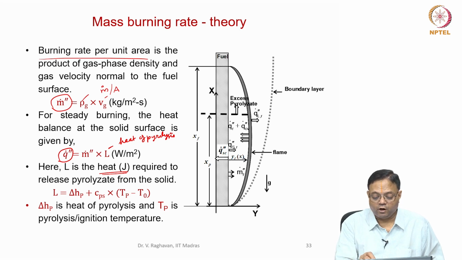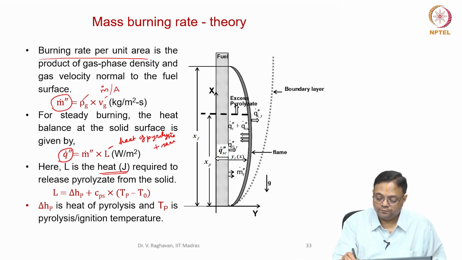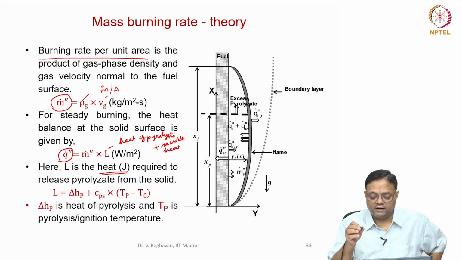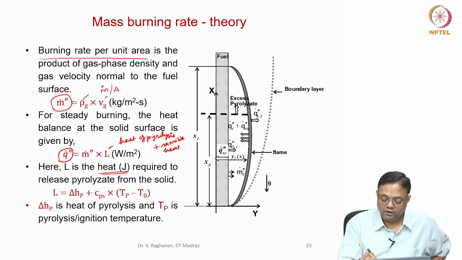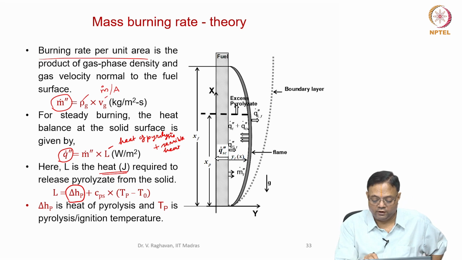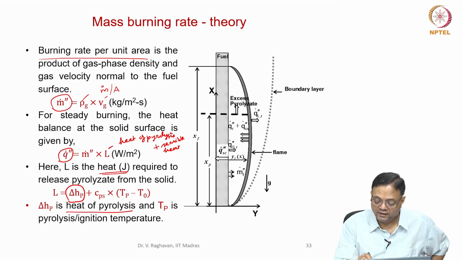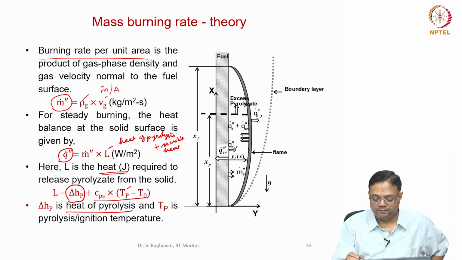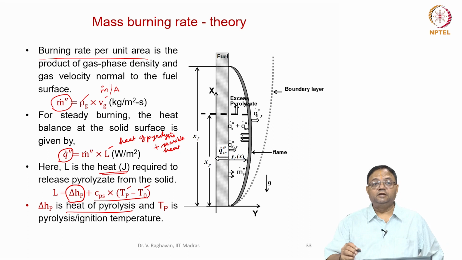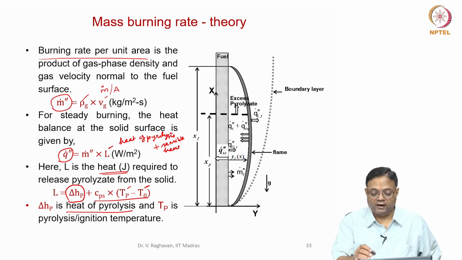Similarly, the heat flux will be m dot double dash, that is rho G into Vg into L, where in turn L is called heat of pyrolysis plus sensible heat, that is the heat required to release the pyrolysis. So, L can be expressed as a sum of delta Hp, which is called heat of pyrolysis, and Cp solid into Tp minus T naught. Tp is the temperature of pyrolysis or ignition temperature minus the initial temperature of the solid. So, we can write these expressions.